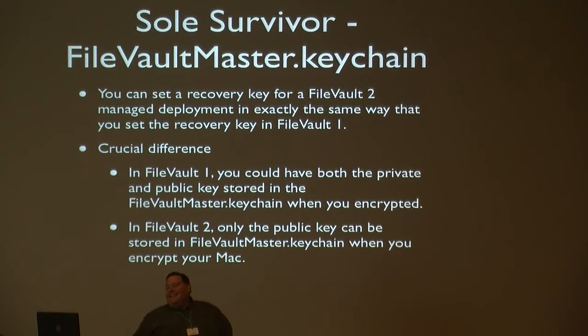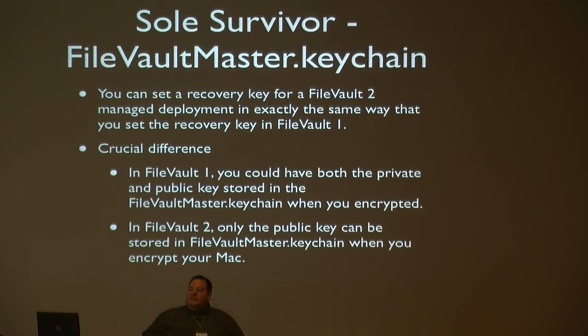Yep. OK, the reason I recommended Apple's recommended best practice is that Apple has always recommended escrowing the FileVault private key somewhere outside the encrypted Mac. However, in FileVault 1, you could have both the private and public key inside that FileVault master keychain, and it worked fine. However, in FileVault 2, this recommendation is now a requirement.